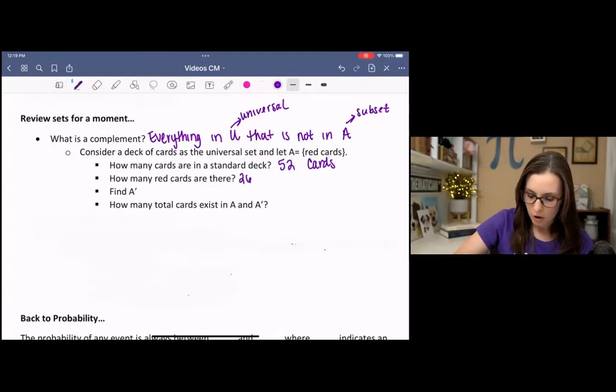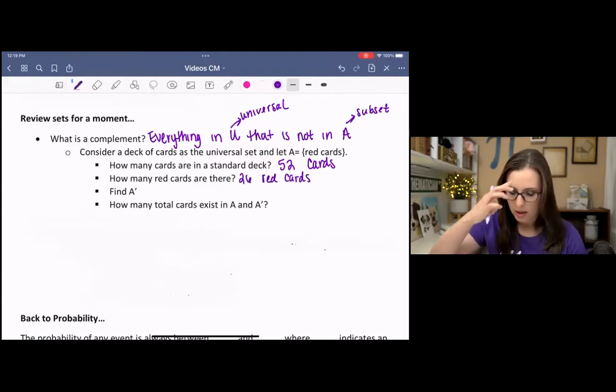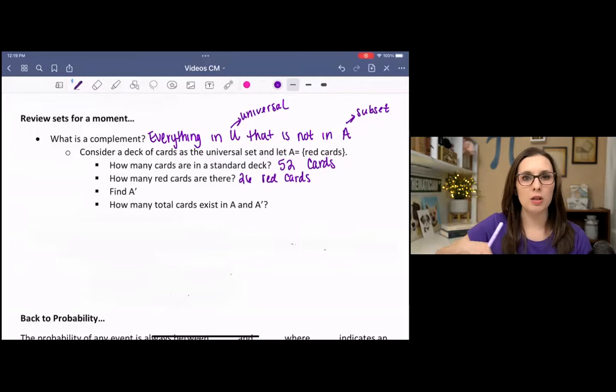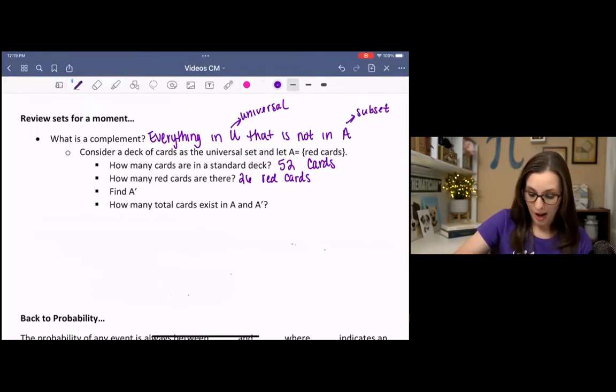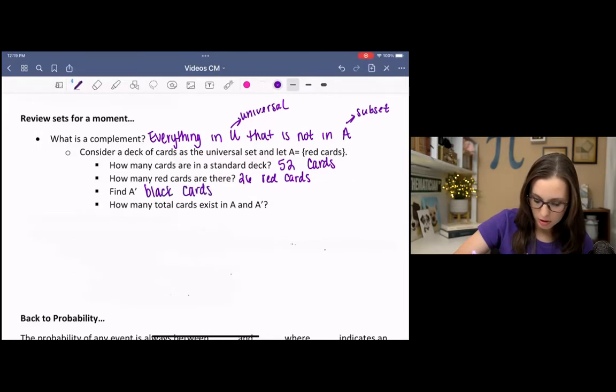Half of them are red, so 26. Then it says find the complement. The complement of A would be every card that's not red. Any of the cards that are not red are black cards, and there are 26 of those.